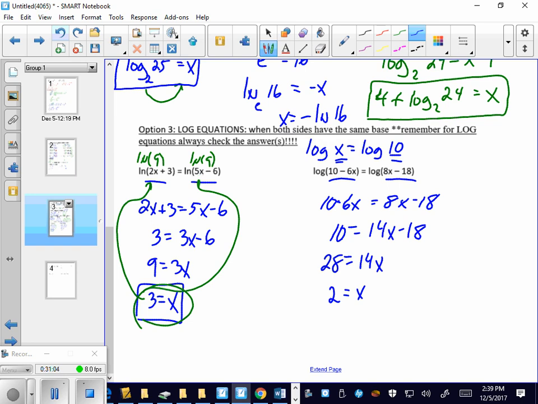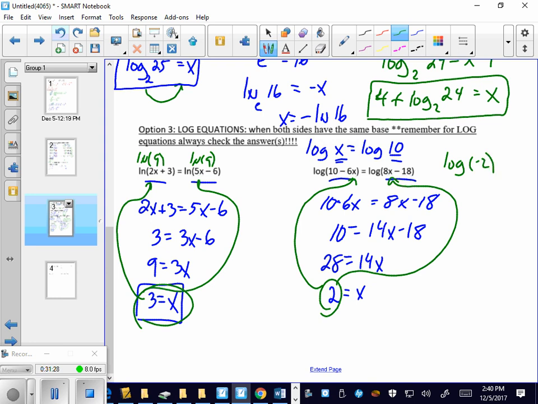Once again, we have to double check to make sure that this is okay. So I'm going to take 2 and plug it all the way back in for x up here. If I do that, plugging 2 into the first one, that's already going to be a problem, isn't it? It's going to be log of 10 minus 12, so that's log of negative 2. That doesn't exist.